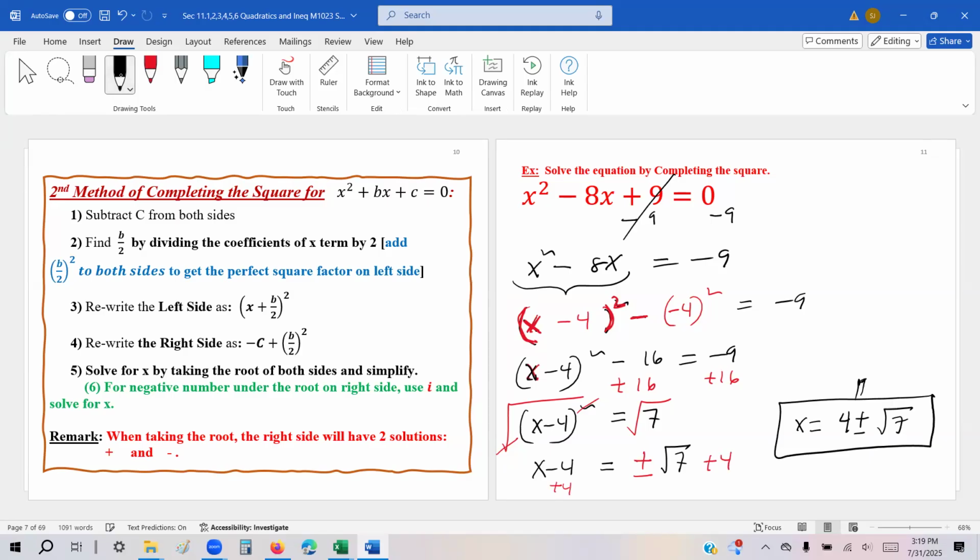It means either it's 4 plus square root of 7 or 4 minus square root of 7. Two answers we have, two solutions. So if you can't remember your quadratic formula, this is your best friend.